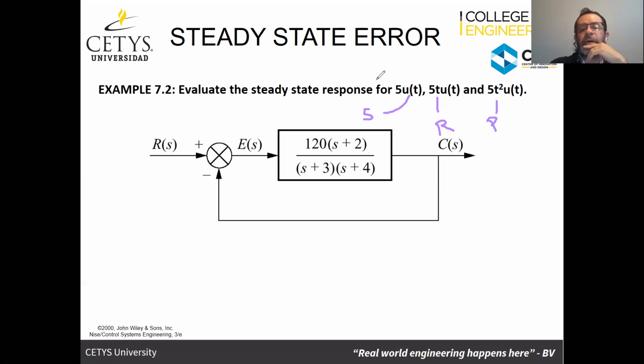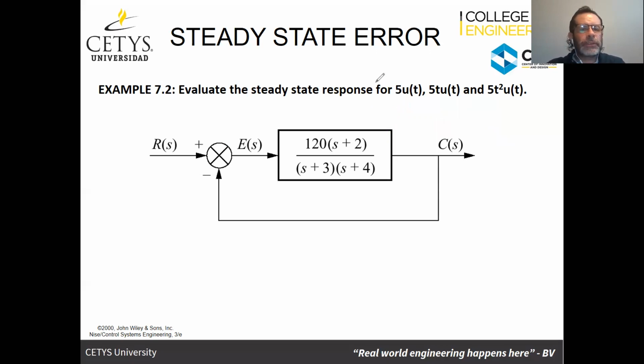So it's position, velocity, and acceleration. We want to see how the system behaves for each of those three cases and see the steady state response. Okay, so I'm going to switch over to MATLAB.